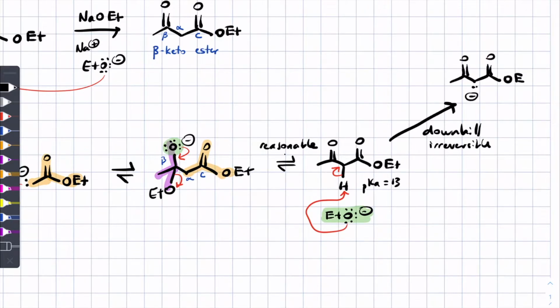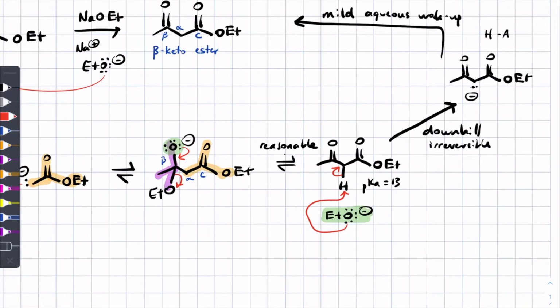And then it's only upon subsequent aqueous workup that we are able to reprotonate our stable enolate to give us our beta keto ester.